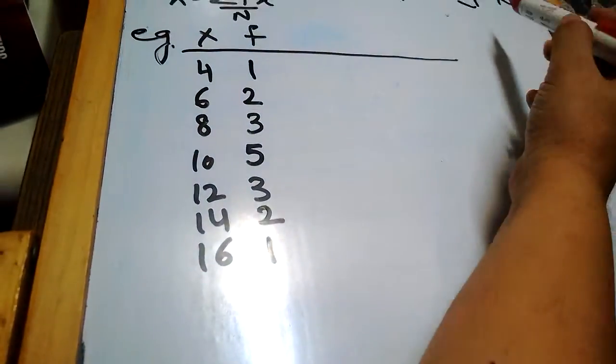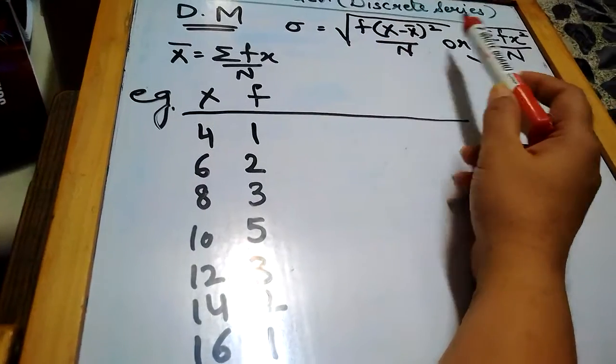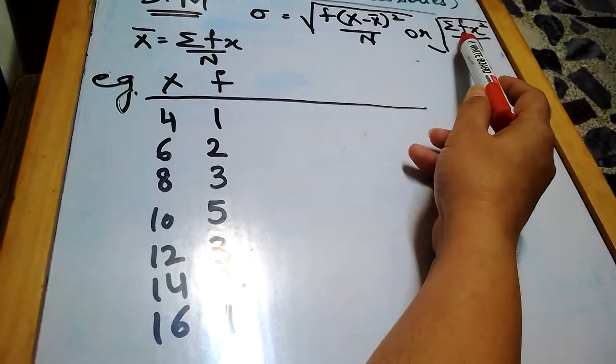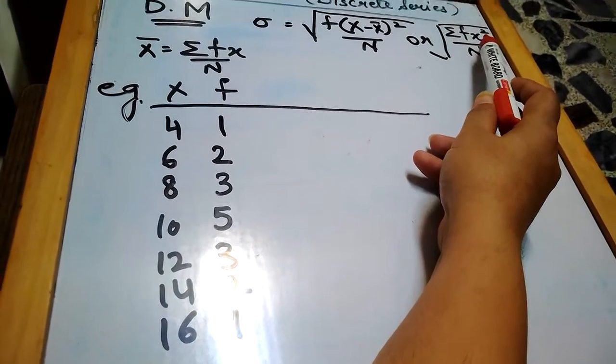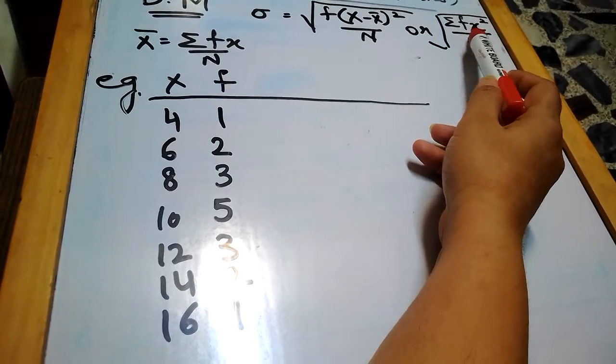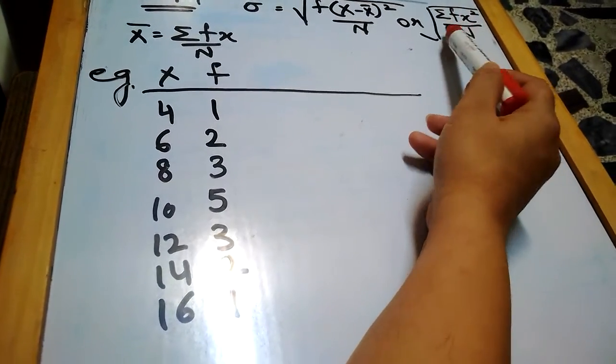Now what we have to do, children, while looking at the formula, is that we require summation f x square. So first of all, we'll be calculating this fx.